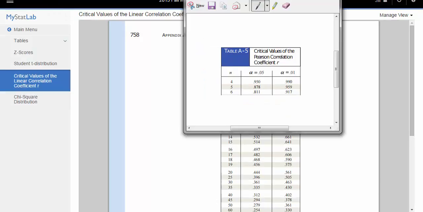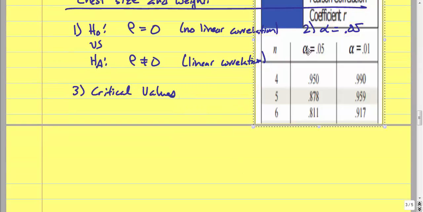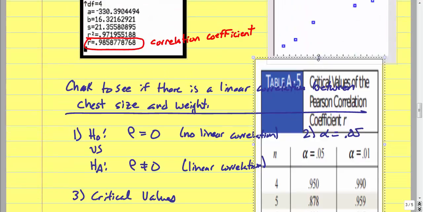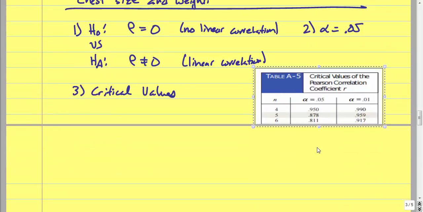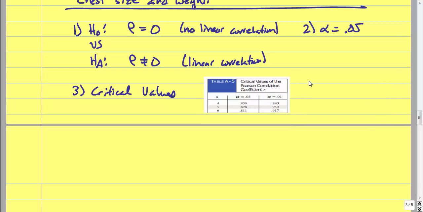And those are going to be my critical values. Now I'm looking for anything that's more extreme than these critical values. So if I end up with anything more extreme than 0.811, then I'm going to feel pretty confident about rejecting H0. Again, that comes from here because I have a sample of size 6, and I have alpha is 0.05, and these intersect right here. So my critical values are plus or minus 0.811.